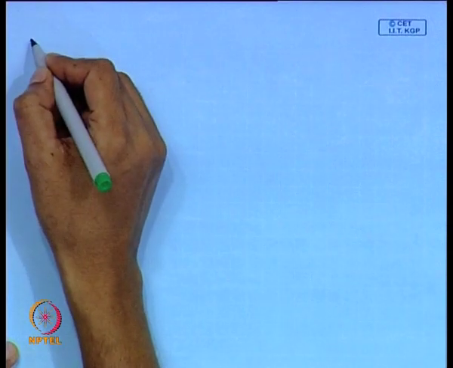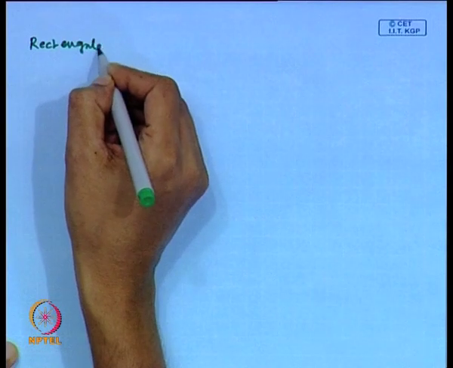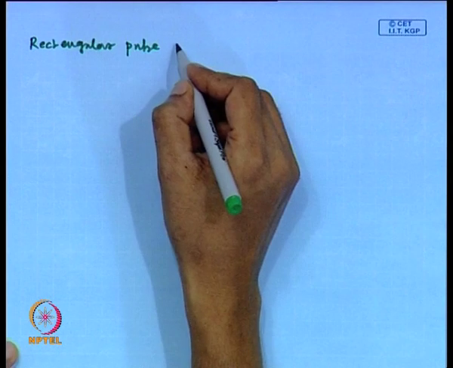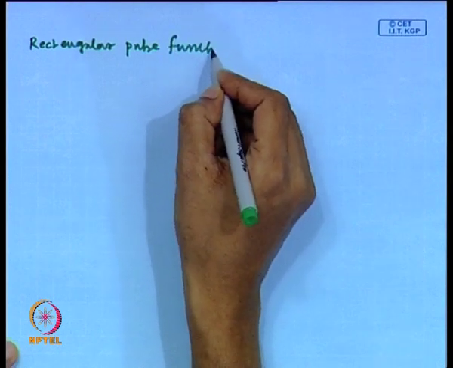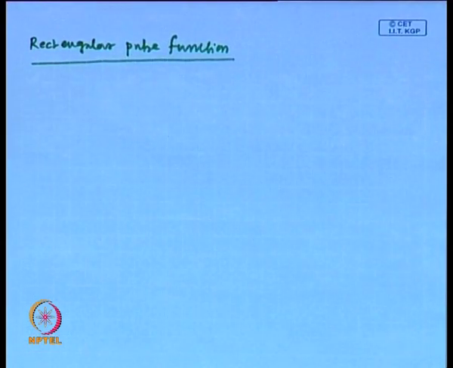Second forcing function is rectangular pulse function. First, we will draw the figure of this rectangular pulse function. Fine.